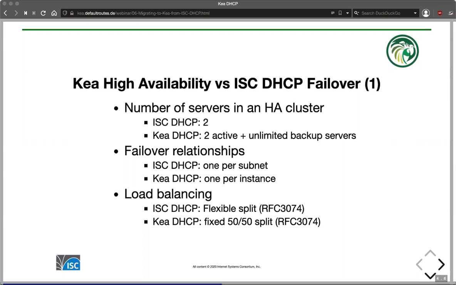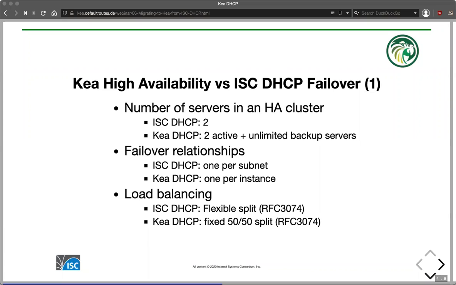However, it would be possible. In Kea DHCP, there's always one failover relationship per instance. So it's not broken down to the subnet level. You have high availability for all the subnets and all the pools that are on the Kea DHCP server.